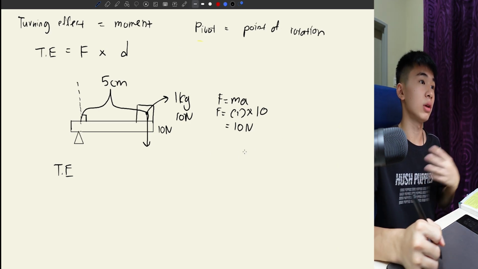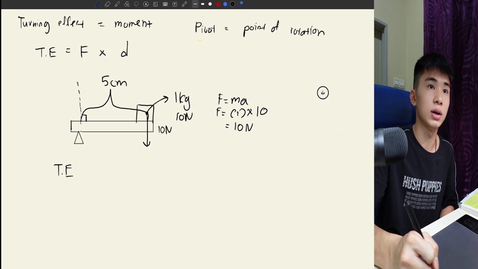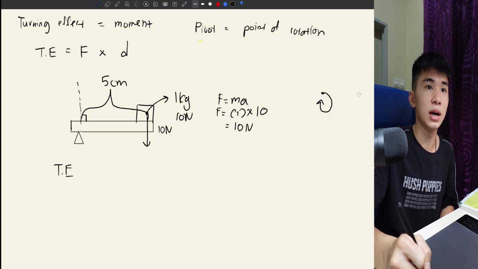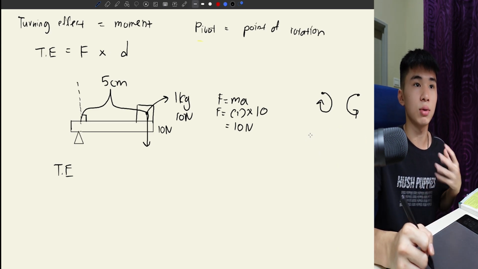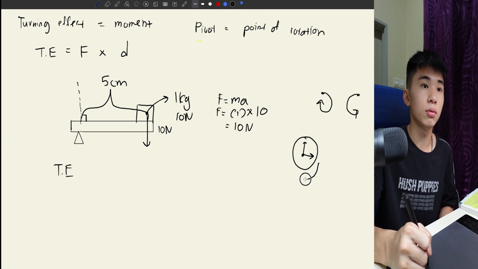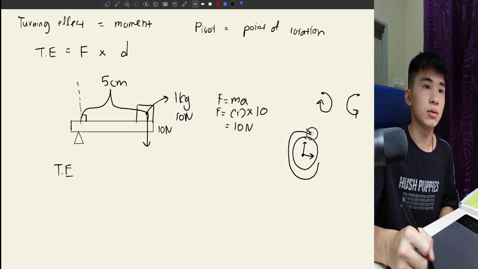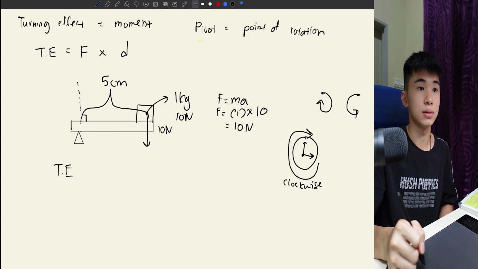And before we calculate the turning effect, I just want to quickly say that we have clockwise movement and anti-clockwise movement. Okay, so if you do not know what's a clockwise and anti-clockwise movement, it's basically if you have a clock or a watch like this, so our clock will go in this direction, right? So we will call it as clockwise moment, okay, clockwise.